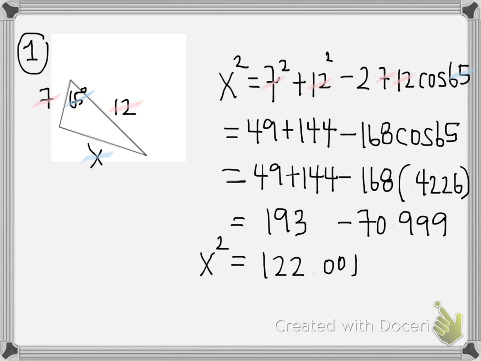What do we have to do now? We'll have to take the square root of both sides, so the square root of that value is roughly 11.05.